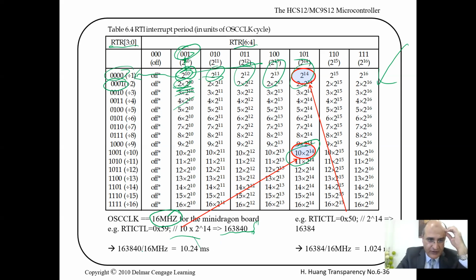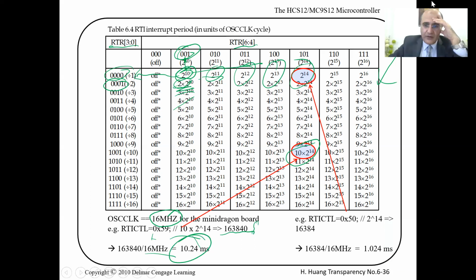Then you divide by 16 megahertz, meaning multiply by 1 over 16 megahertz. You get 10.24 milliseconds. If you want 1 millisecond, this is something for 1 millisecond times 10 milliseconds. I meant to use 16 megahertz so we can do other math right now.